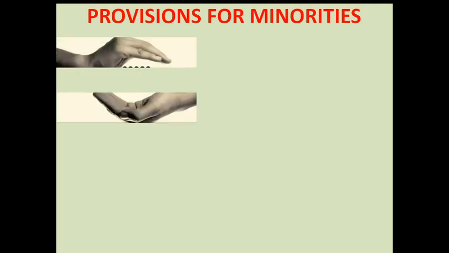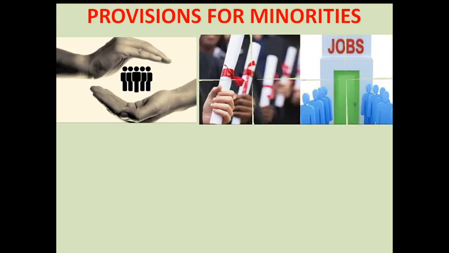The third point is provision for minorities. The Indian Constitution has made several provisions for the protection of minorities. The government adopted various policies for the minorities in education and employment.